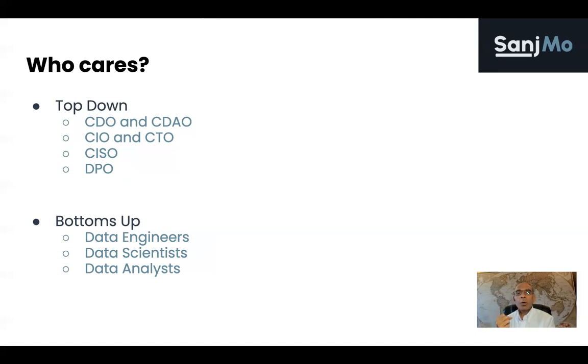The CIO or the CTO is interested in understanding what is my cost of running the data infrastructure. Can I save cost by going into the cloud? Am I just sitting on decades of data that nobody cares about that I can get rid of?